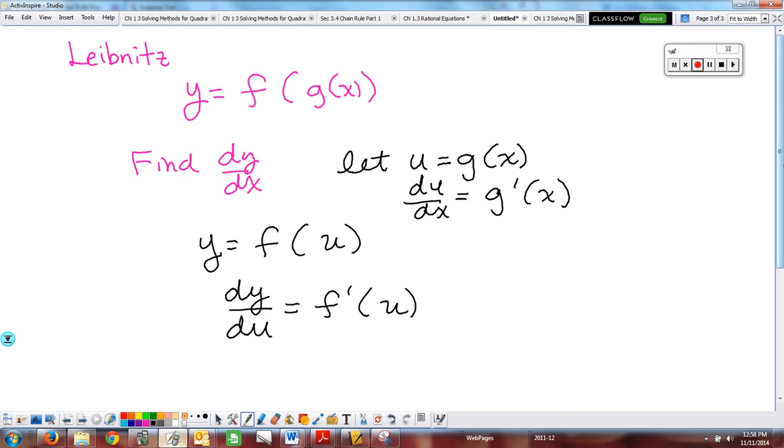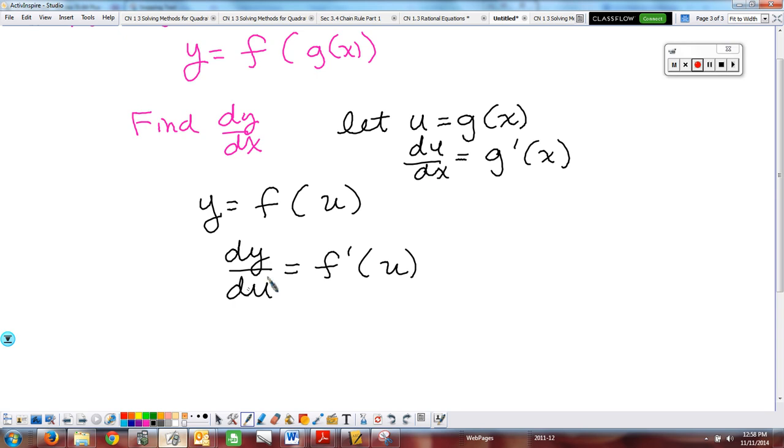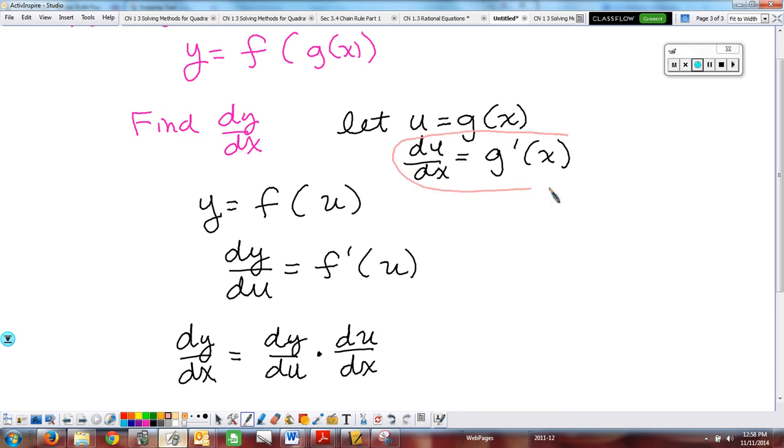And if you think about what we're looking for, if I want to find dy dx using our infinitesimals, I take the derivative of y with respect to u and multiply that times the derivative of u with respect to x. So I'm taking the two components that I found: g prime of x, the speed that the inside function is changing, and dy du, the speed that the outside function is changing.